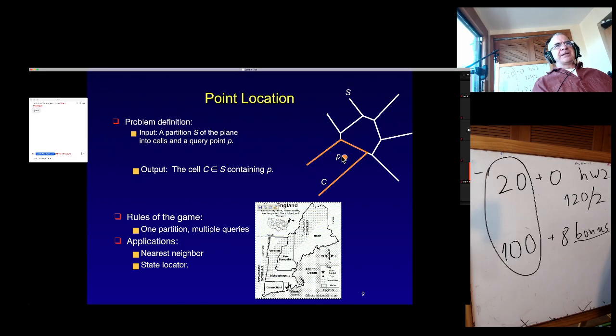Of course, it can be in game design. You just teleported and you need to show the player which room it is in.